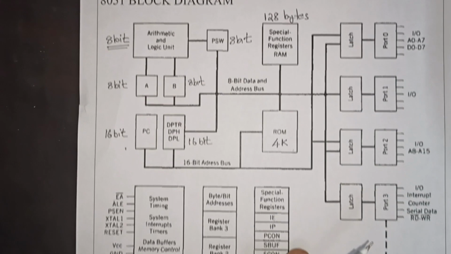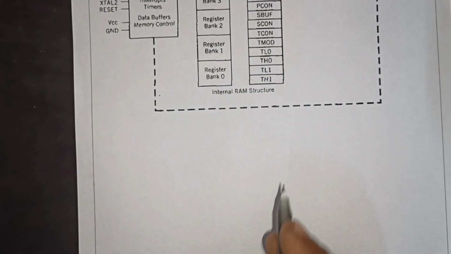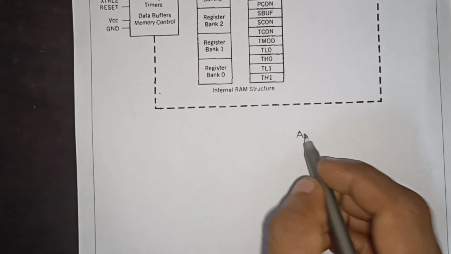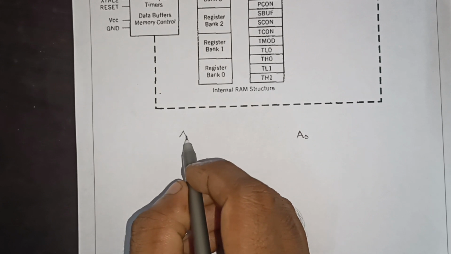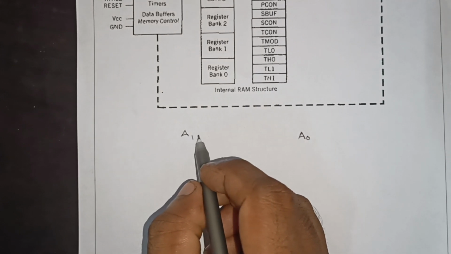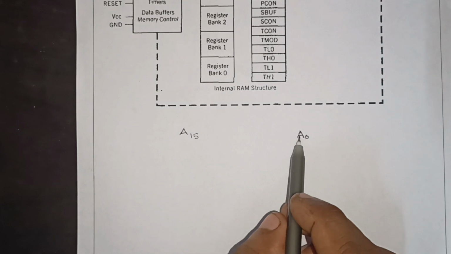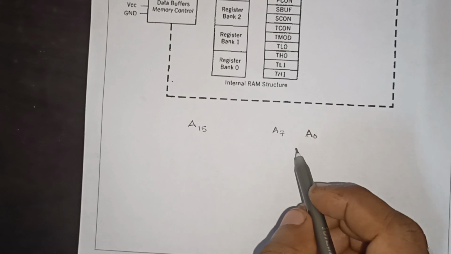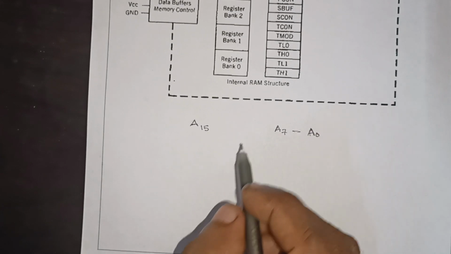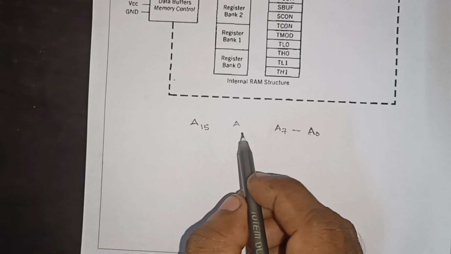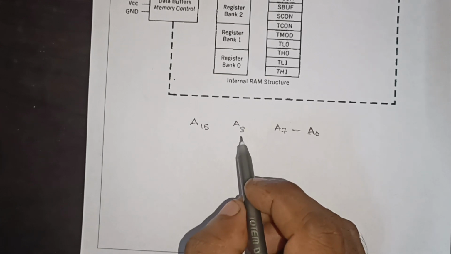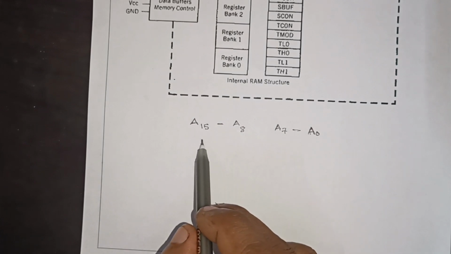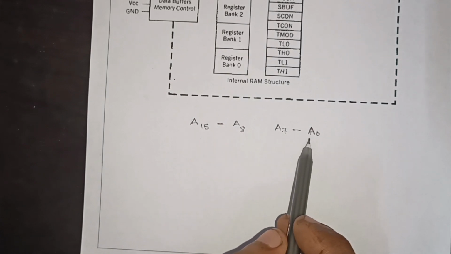Why is that? Let's see. The address range is A0 to A15. A0 to A7 is the first 8 bits, and A8 to A15 is the higher 8 bits. So we have 16 wires.